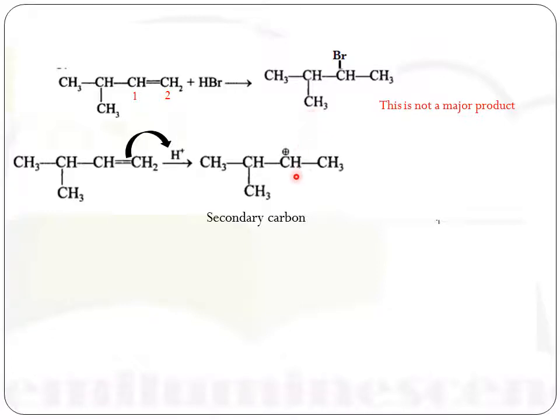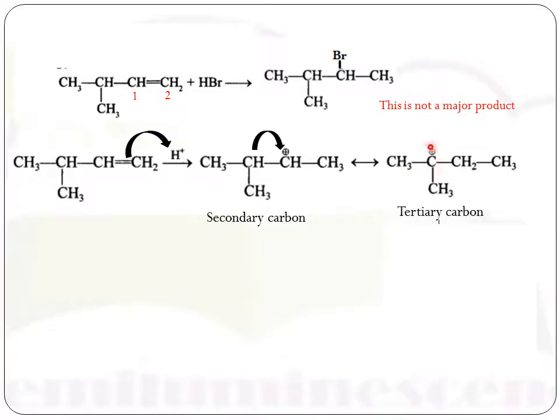But this is not so. If you observe, the carbon next to the carbon carrying the positive charge is carrying two methyl groups and one hydrogen atom. Hence, there is a possibility of shifting this hydrogen atom to this carbocation. What happens in the next step? The hydrogen from this carbon shifts towards the carbon carrying the positive charge. Hence, it becomes a CH2 and this carbon carries a positive charge, forming this carbocation.